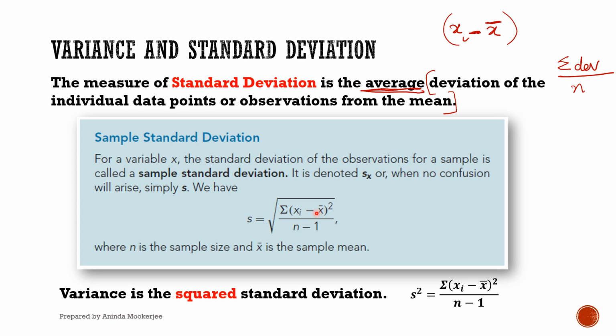When we work through an example problem on standard deviation, I will tell you exactly why we need to square the deviations. We will first square our deviations, and only then find the sum, the total, and then we divide it. Instead of n, we divide it by n minus 1 when we are trying to find the sample standard deviation.